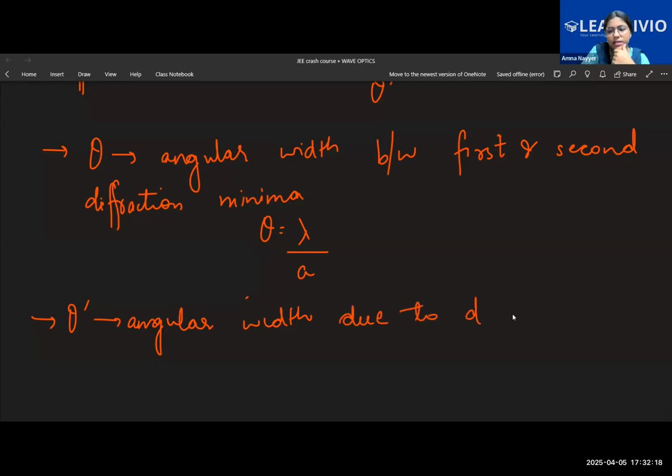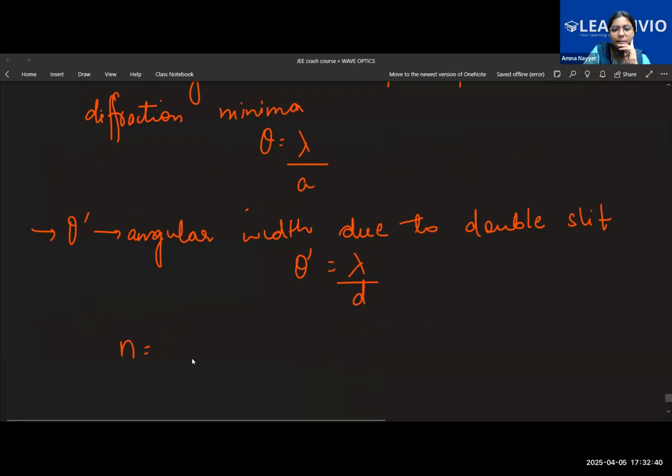Yes, tell me, what is the formula of this? This you have done in interference. What is the angular width due to double slit? Lambda by d. Yes, Upasna? Lambda by d. Yes, very good. So now you can apply it in the above formula, that is n is equal to lambda by a divided by lambda by d.